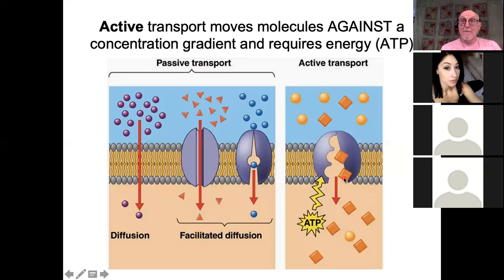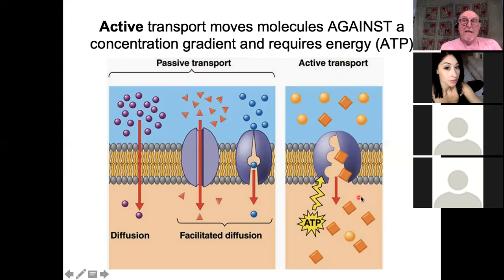What this pumping system does is it opens this way here, and it pumps sodium in. And then it binds potassium here, and it pumps potassium out. It's flapping back and forth like this, pumping one this way and one this way. Every time it does, 2 inside, 3 out.